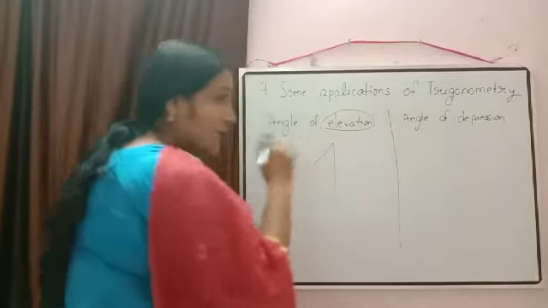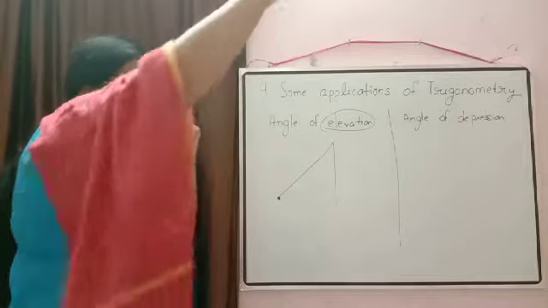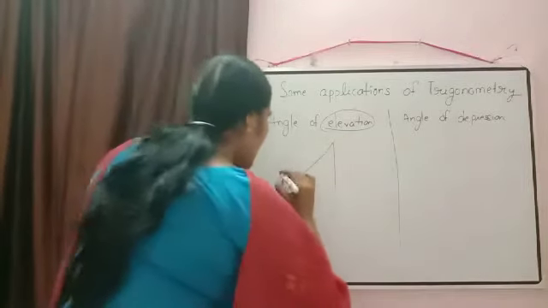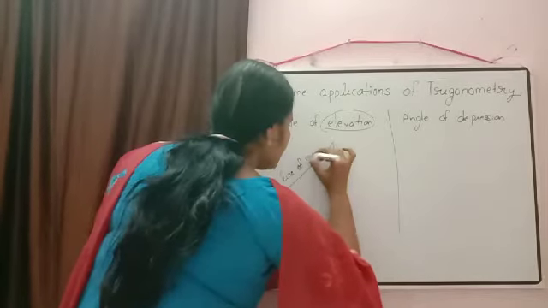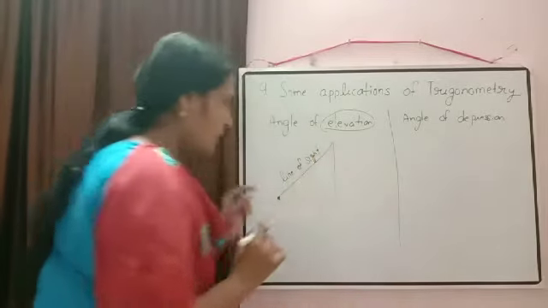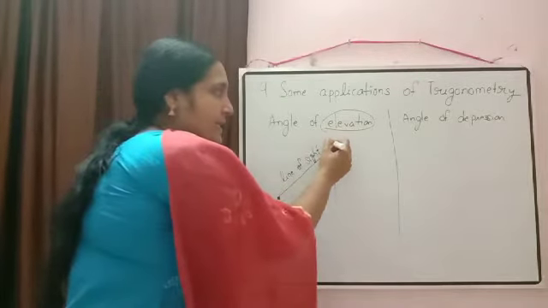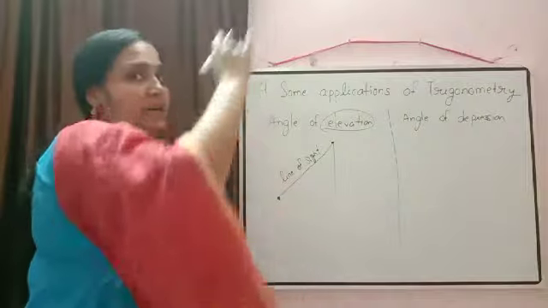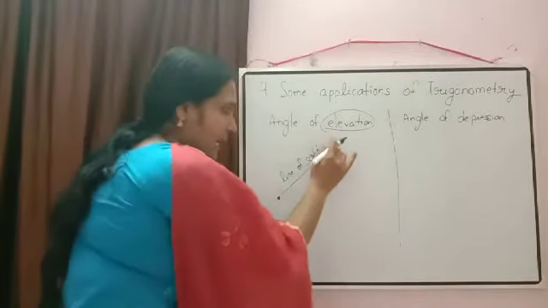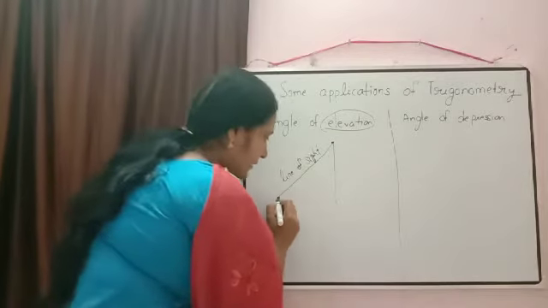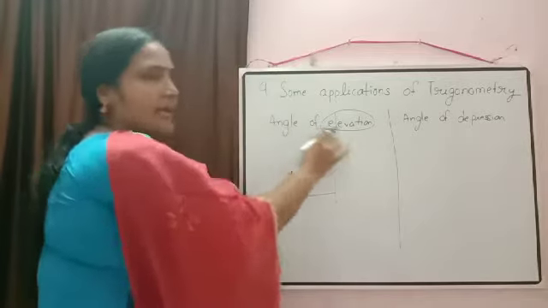If we draw the line from my eyes to the top of the tree, that line is called the line of sight. Since I am looking upward, the angle formed by the line of sight and the horizontal is called the angle of elevation.